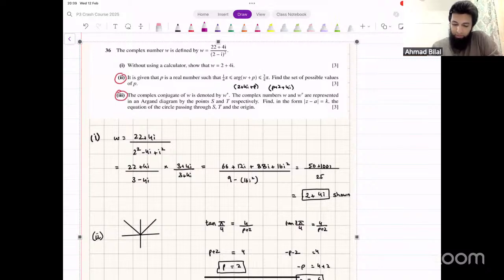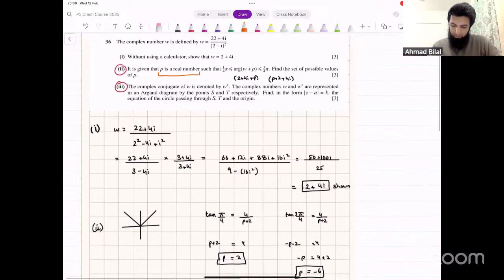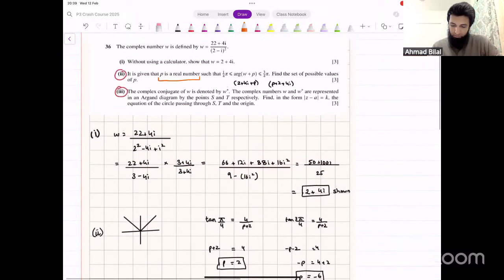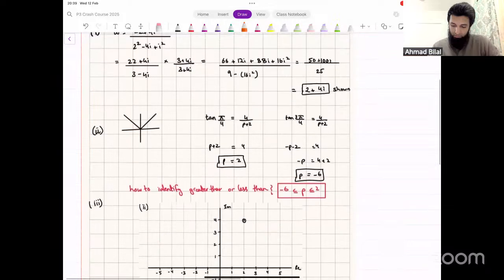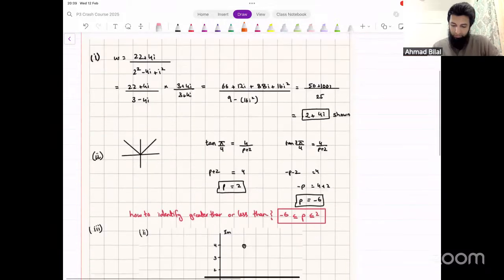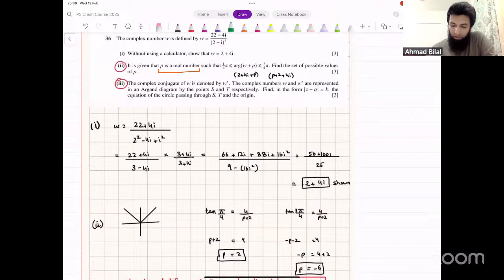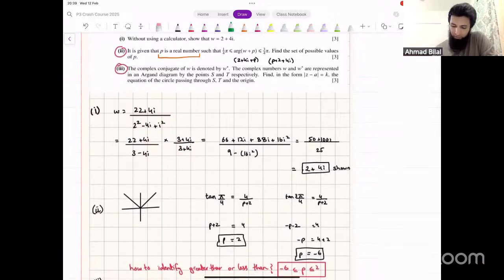Find the set of possible values of P. Okay, you see P is a real number, right? So what you've done already is that you've found tan of pi over 4. Can you explain what you've tried to do here?